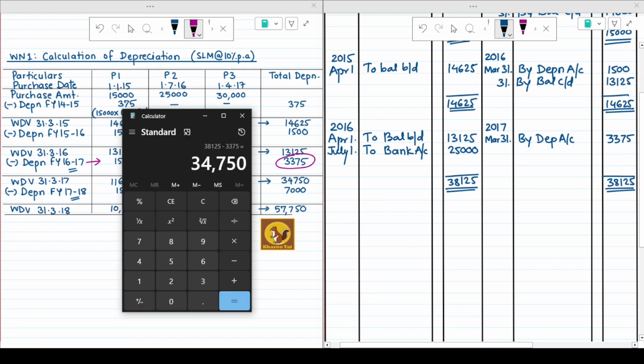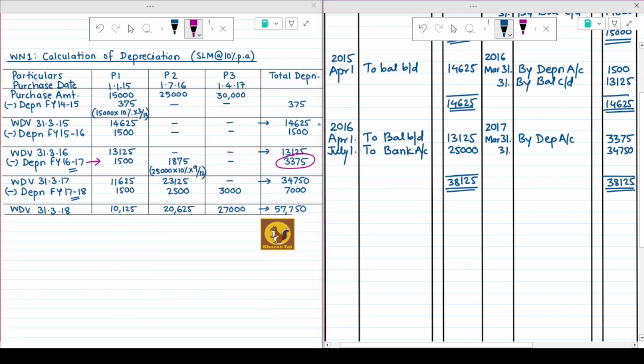We'll get the balancing amount 34,750. So at the year end, we'll get a balancing figure by balance close down 34,750, and we'll carry this amount forward, 2017 April 1 to balance brought down.